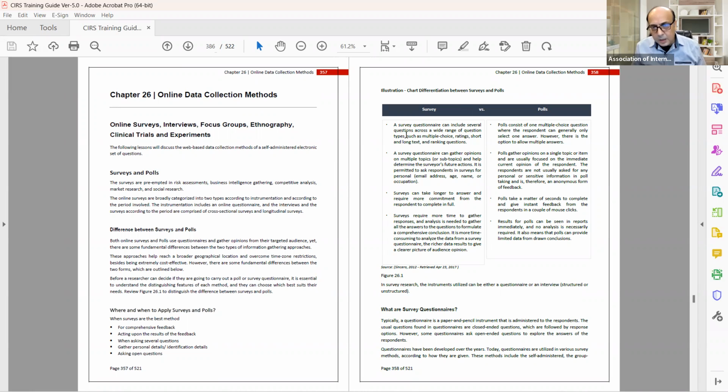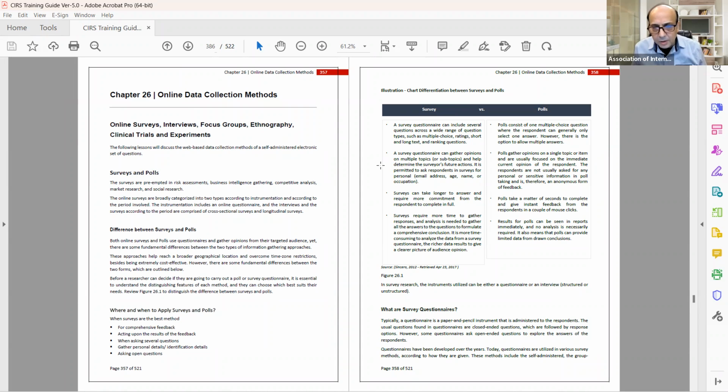In the exam, usually this gives you two columns, but the heading wouldn't have the words surveys or polls on it. So you would have to fill in these columns as survey and polls. You can't put survey where the information about polls is given in this column. So using this as a reference could be important.